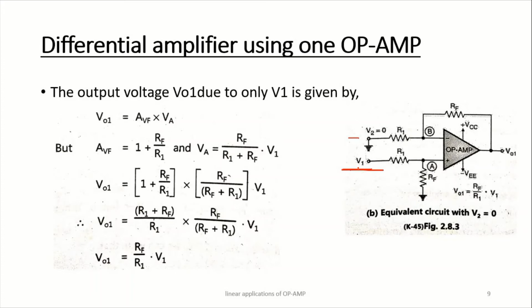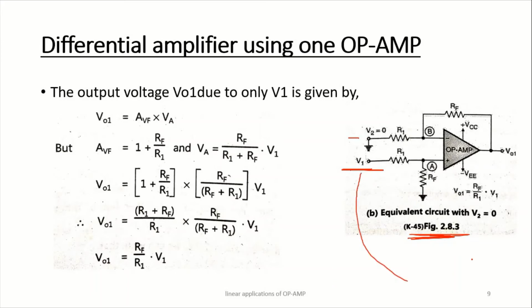Then the difference amplifier circuit gets modified to the equivalent circuit as shown in figure B. Here the negative terminal is grounded and the positive terminal is connected to V1, so this circuit becomes a non-inverting amplifier circuit.